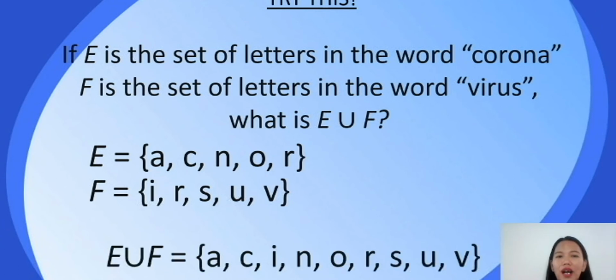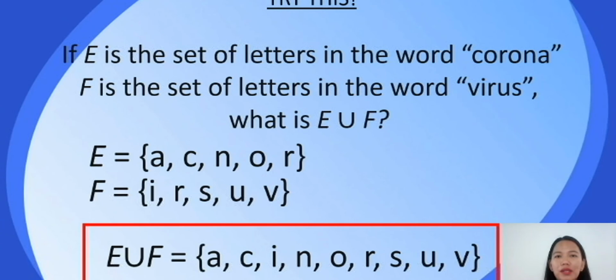So therefore, E union F is equal to A, C, I, N, O, R, S, U, V. Notice that in our final answer, the elements are also written in alphabetical order.